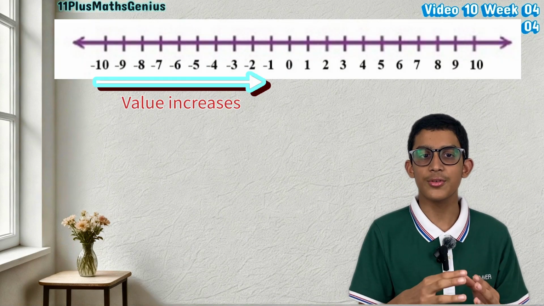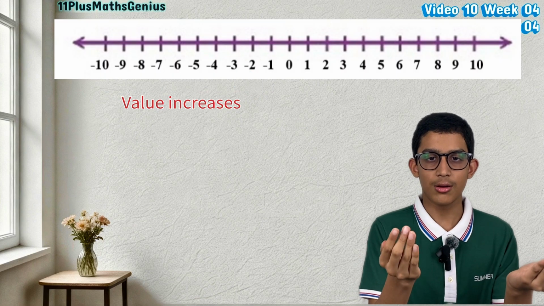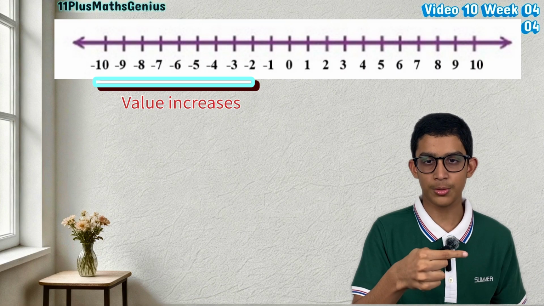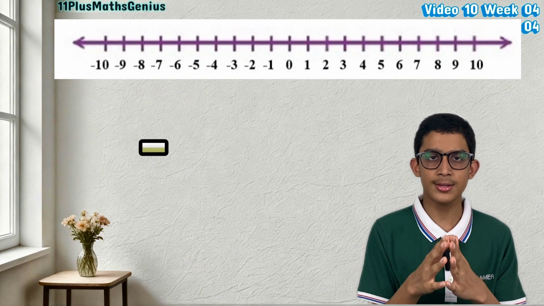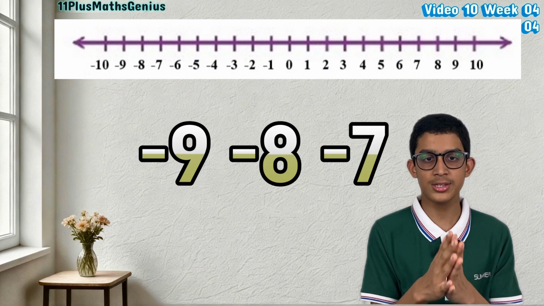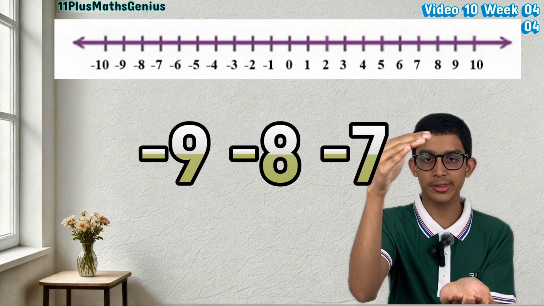Similarly, if we move from negative 10 to the right on a number line, all numbers to its right will be bigger than negative 10. So negative 9, negative 8, and negative 7 are all bigger numbers than negative 10.